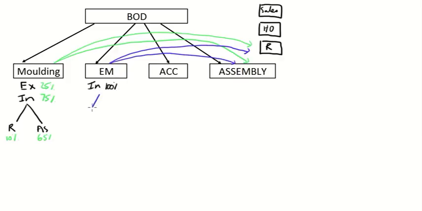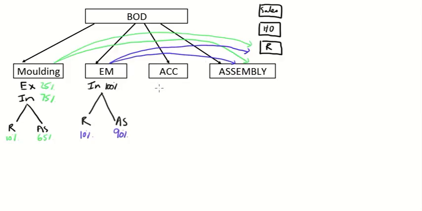Okay, so let's keep the color system consistent. So some of it to repairs and some of it to assembly, and it tells us here 10% to repairs, which means that 90% goes to assembly.